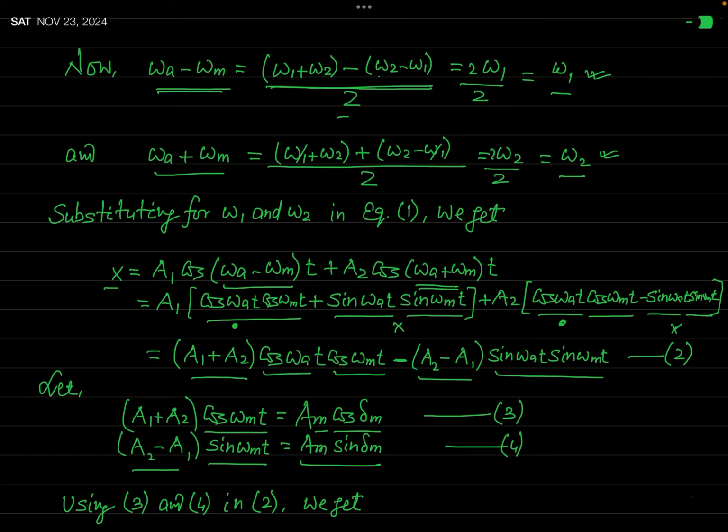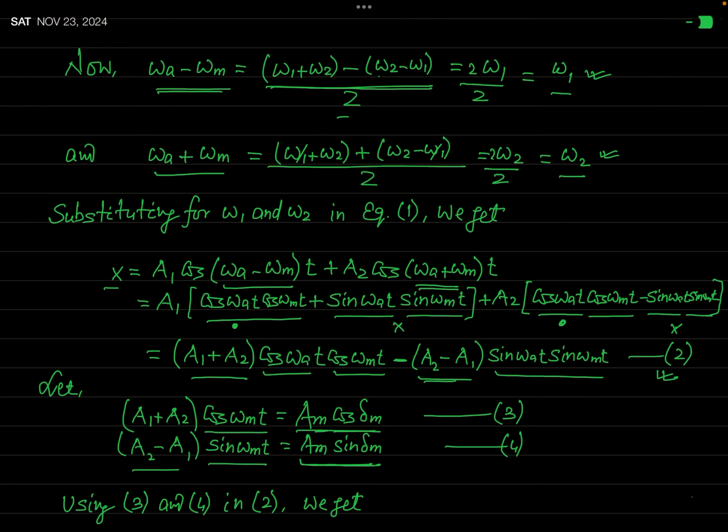But before that, let us substitute these values in equation number 2. So instead of a1 plus a2 cos omega mt, we will write Am cos delta m. And instead of a2 minus a1 times sine omega mt, we will write Am sine delta m.